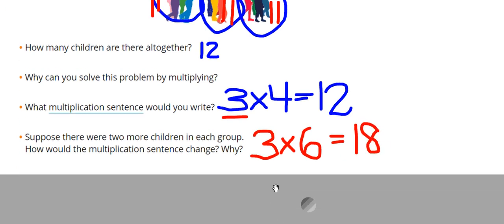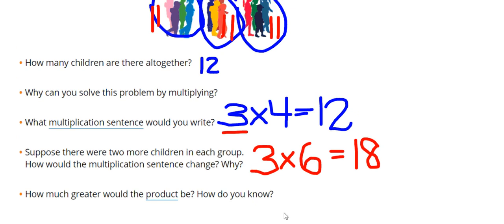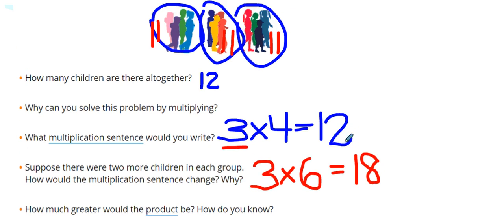Okay. All right. So how much greater would the product be? We've already figured it out. Remember, the product is the answer when you're multiplying. Okay, so how much greater is this product from our first one? Well, it's greater by 6, right? We know because you had to add 6 more. But without even figuring it out, we would know that because how many people did we add on?